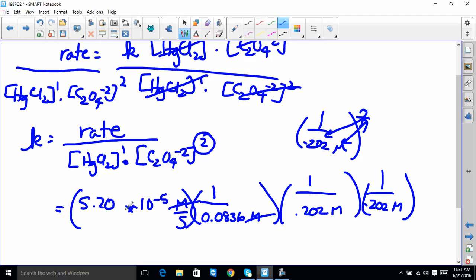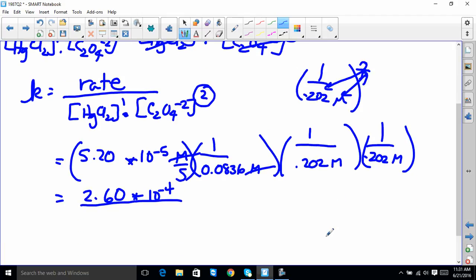my calculator says that K is 2.60 times 10 to the negative 4th. And an interesting thing happens. Let me toggle down here. All the units on the top cancel, and then we have two M's downstairs that don't cancel, and a second downstairs that doesn't cancel.